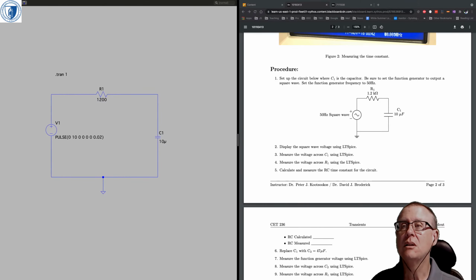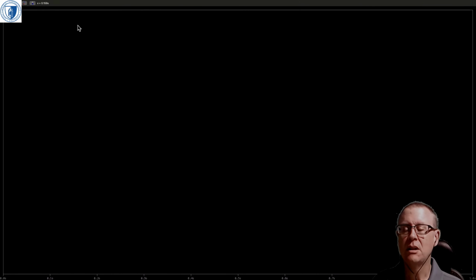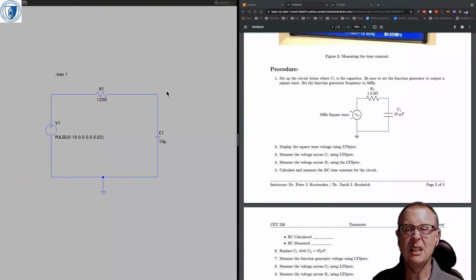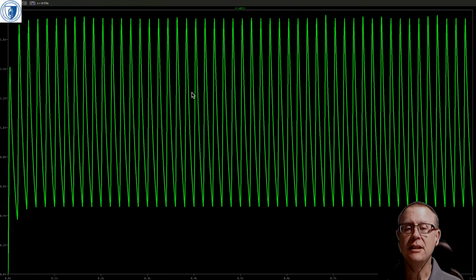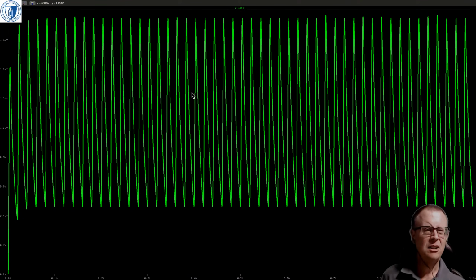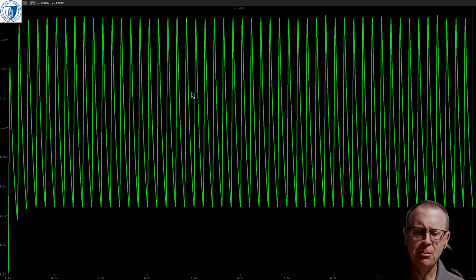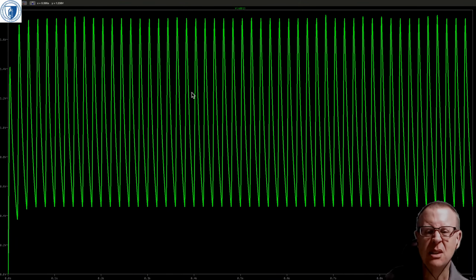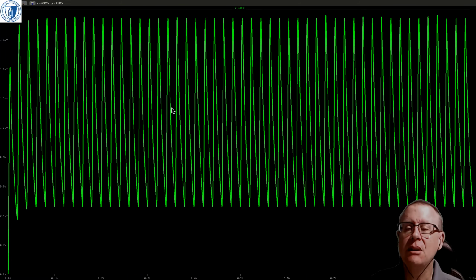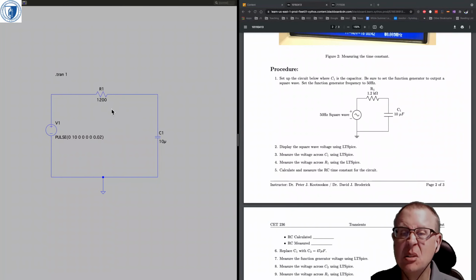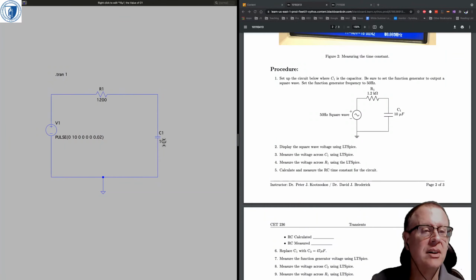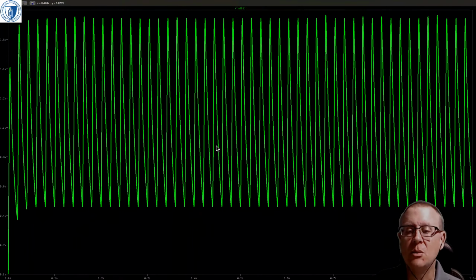There we go, and run that, and let's select that voltage there, and there we've got something looking sort of like what we want, but it's not quite right. So let's have a look at what we've got. We've got a 10 microfarad, and we wanted a 50 Hertz square wave.